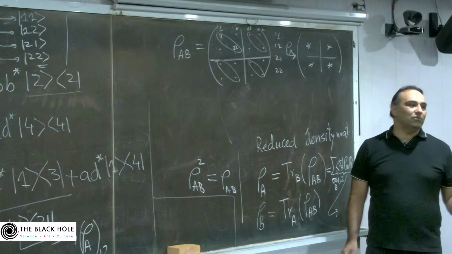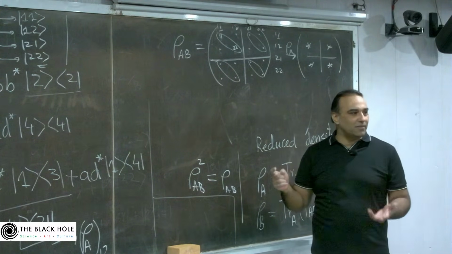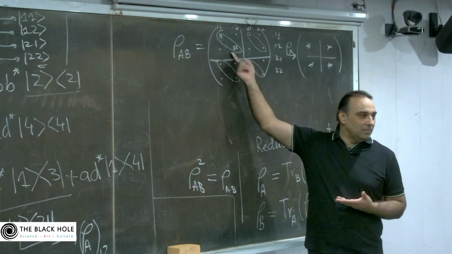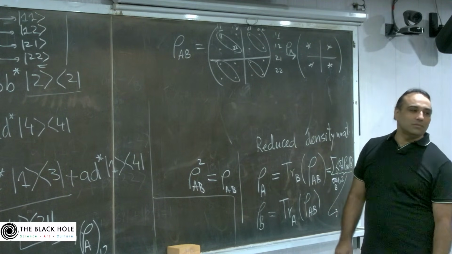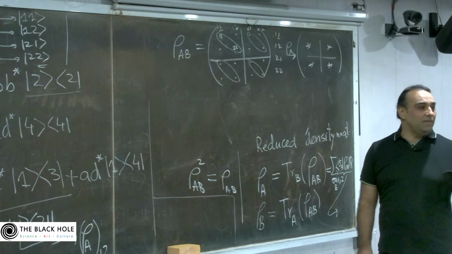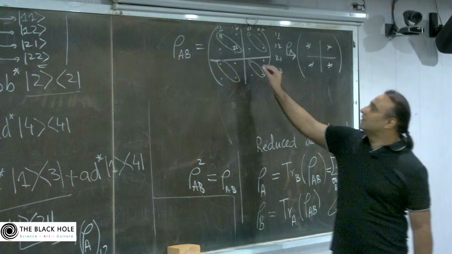Similarly, if you would like to obtain the density matrix of B, either you change the order of the bases and switch them with A and do the same, or you can simply now recognize how to do that. So if you would like to obtain the diagonal in A, then these are the blocks.